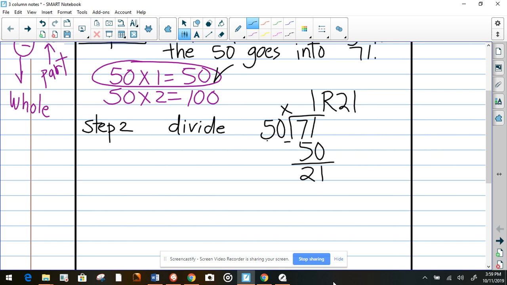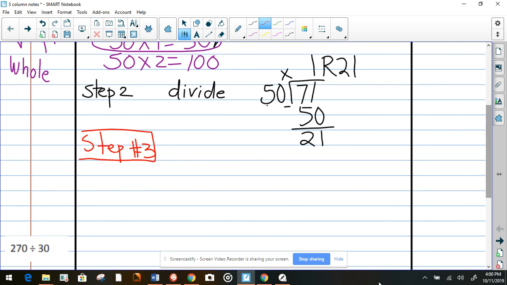Now, we have one more step. We have to check. Step number 3. Let's check this, my friends. How do you check? Okay, well, let me give you the information here.